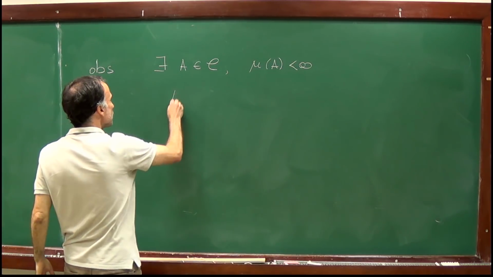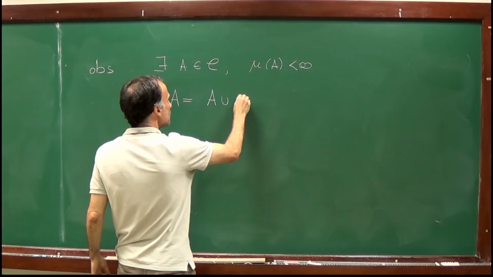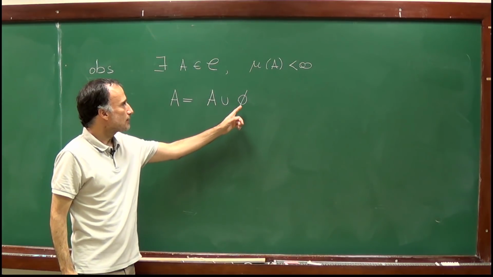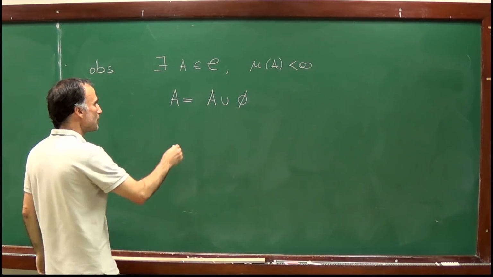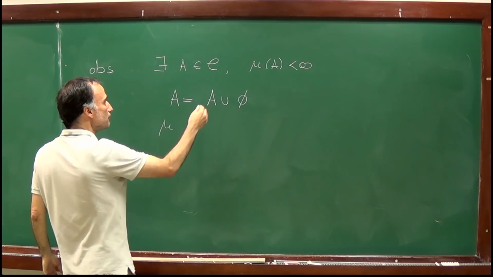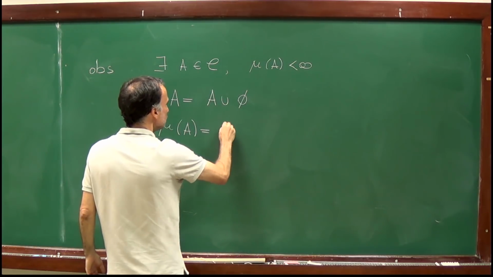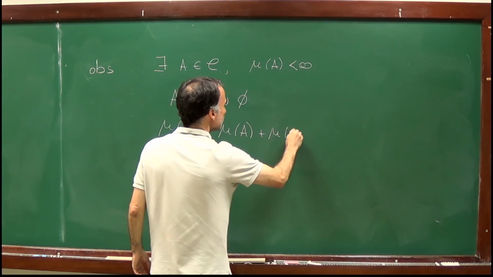Then I can always write A as the union of A and the empty set. It's clear that A intersection the empty set is empty. Therefore, by the second property, mu of A is equal to mu of A plus mu of the empty set.